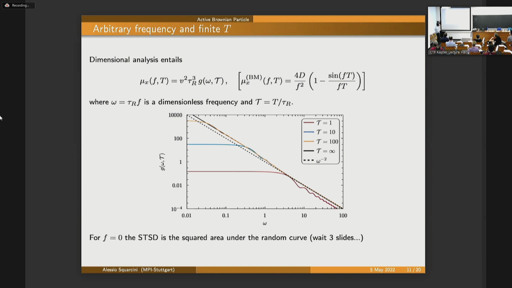The power spectral density, by dimensional analysis, can be cast in this way, with this the rescaled frequency and this the rescaled PSD. So here you get the standard log-log plot, which you always do when you do spectral analysis. Here you see the 1 over f squared behavior, and as soon as you change the observation time, you have different curves.